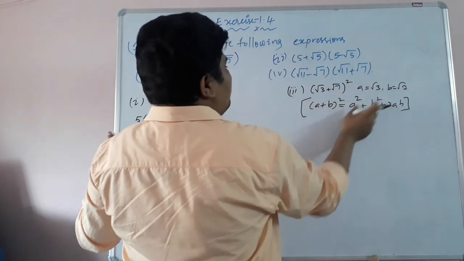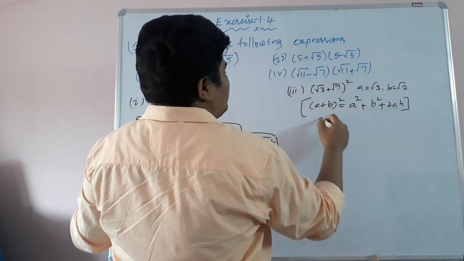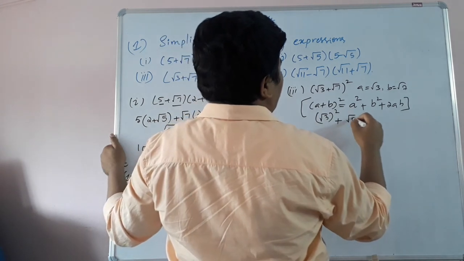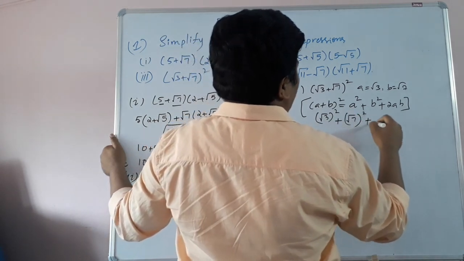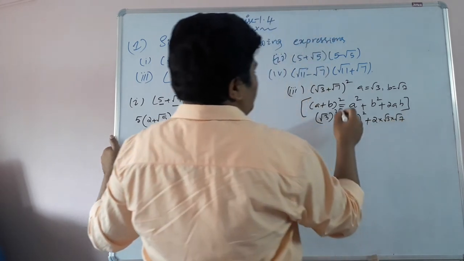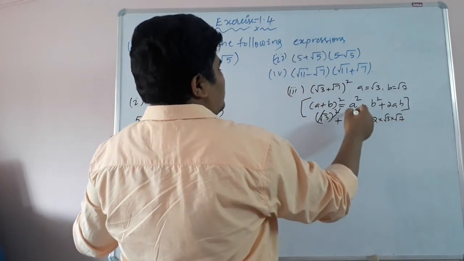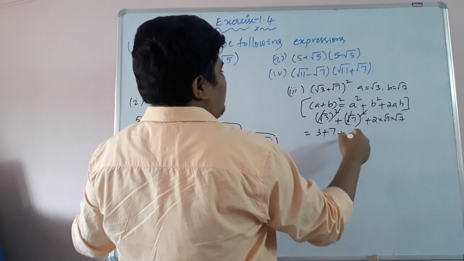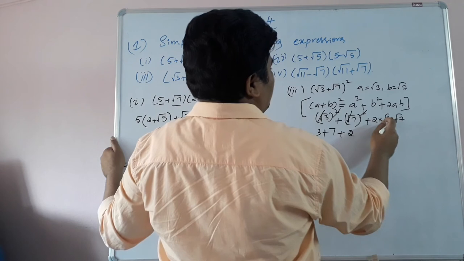So substitute these values in the formula. A square means what? Root 3 square plus B square means what? Root 7 square plus 2 into root 3 into root 7. So students, square and square root cancel. So that is equal to 3 plus 7 plus 2 root 3 into root 7.